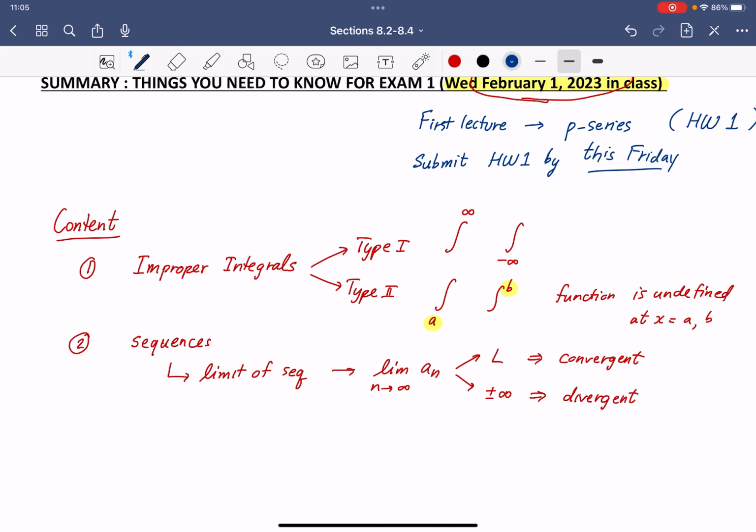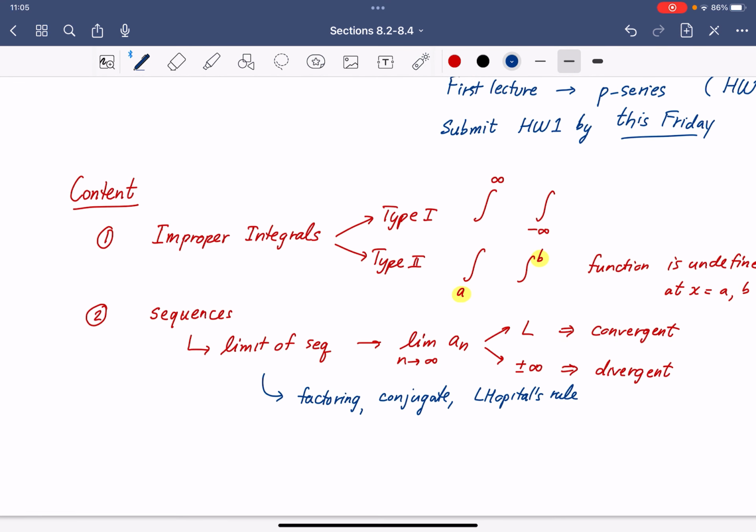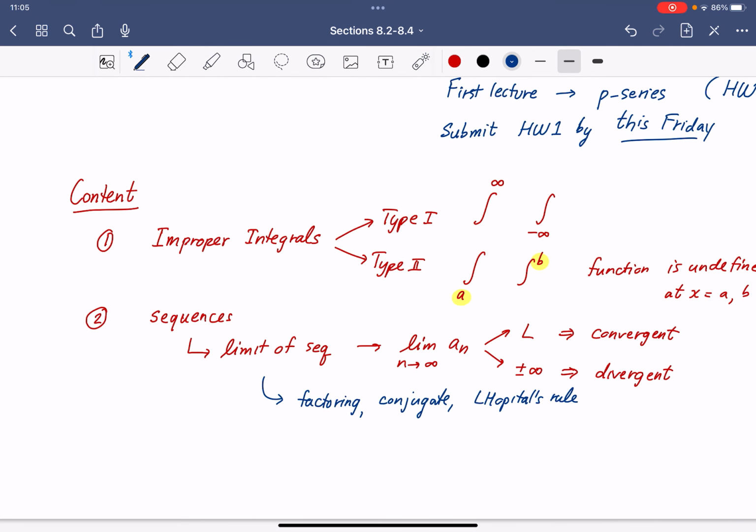Make sure that you remember the techniques that I told you in class: factoring, adjusting by using the conjugate, and then L'Hopital's rule. The one that may be a problem for you is L'Hopital's rule, because we don't use it much in calculus 1, so it's new content for you.